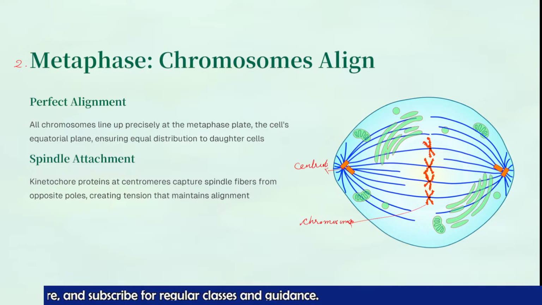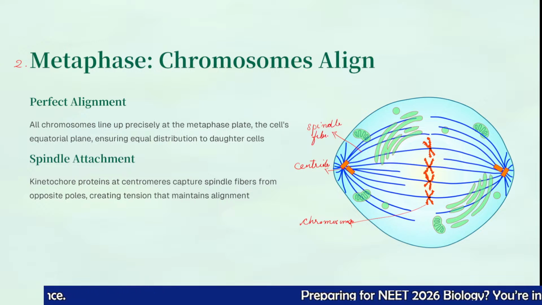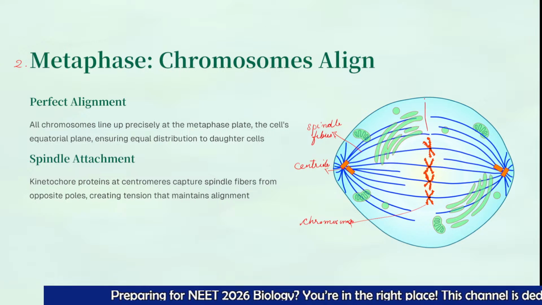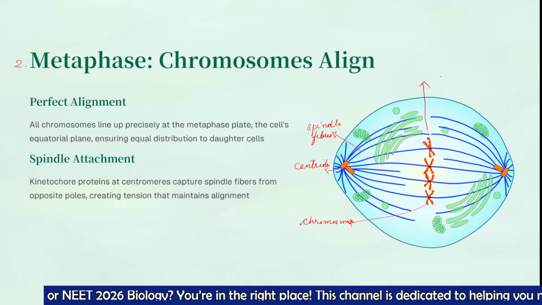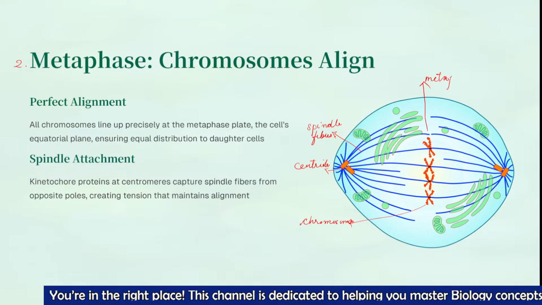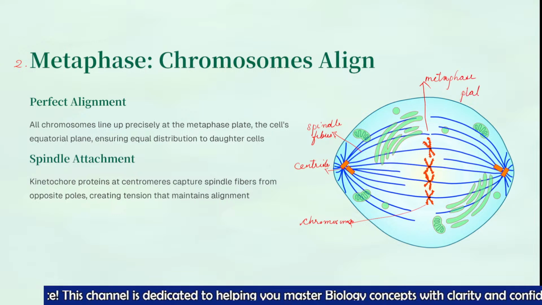From the centrioles, spindle fibers arise. Very first, all the chromosomes in the cell arrange at the equator of the cell to form a specific region, and this is called a metaphase plate or equatorial plate.